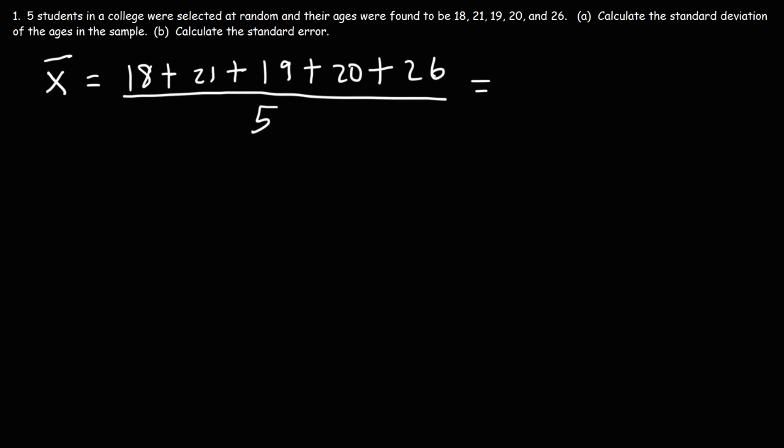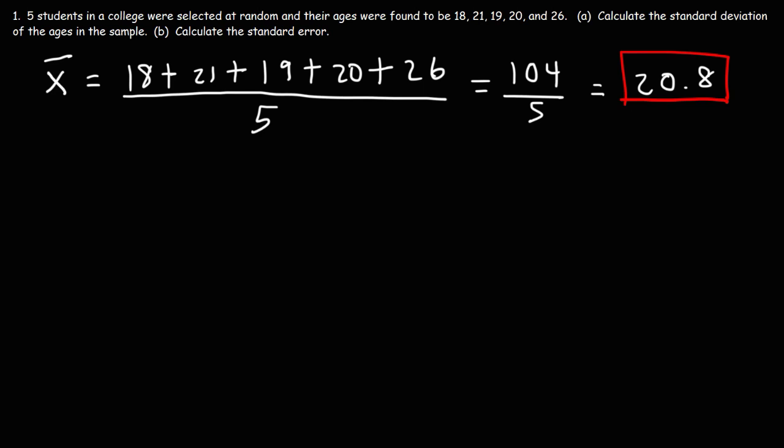That gives us a sum of 104. 104 divided by 5 is 20.8.